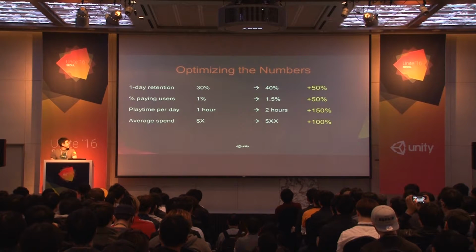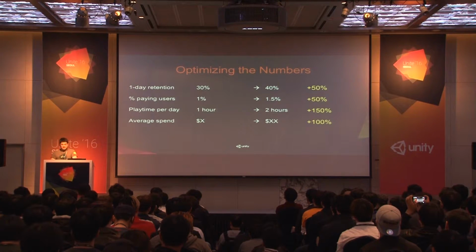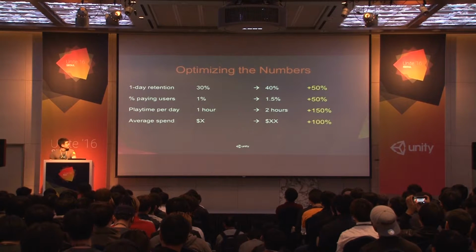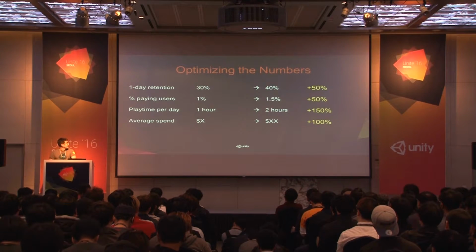Let's also say that you've managed to increase your percentage of paying users from 1% to 1.5%. It's a pretty dramatic increase, but it's something that's definitely possible by selling the right items to the right players. And that's another 50% increase in your revenue.